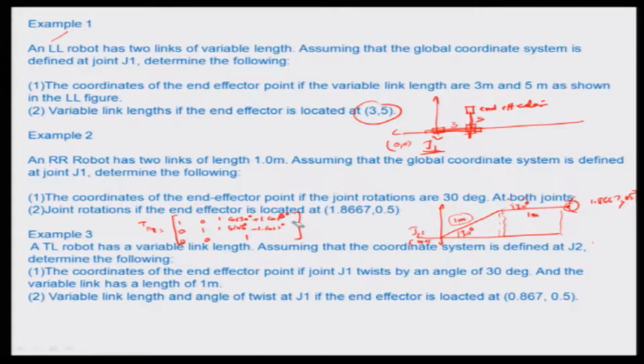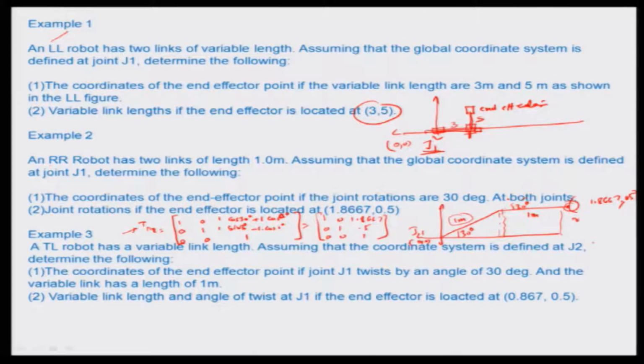So, this actually becomes equal to again 1 0 1.8667 and 0 1 0.5 and 0 0 1, and this actually is multiplied by 0 0 1 in order to find out the new coordinate system.